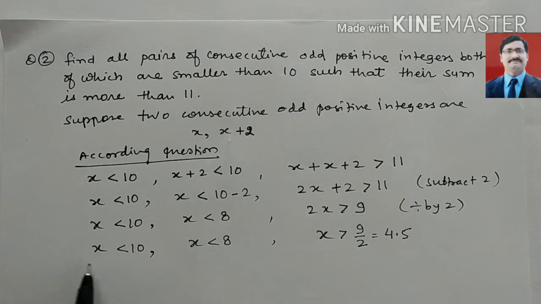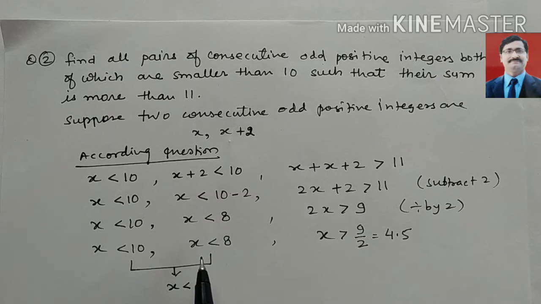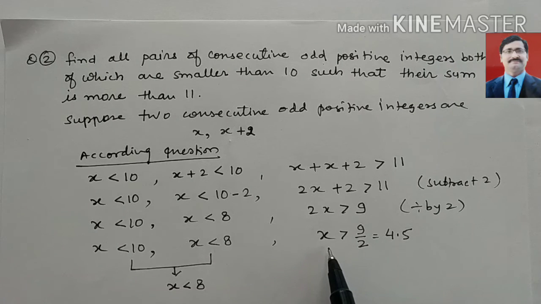Okay, now if we combine all these values, here is x less than 10, this is x less than 8. So we have to follow both, means we can write here x less than 8. One is saying less than 10 and second is saying less than 8, means we have to follow both, so x less than 8, and x greater than 4.5.